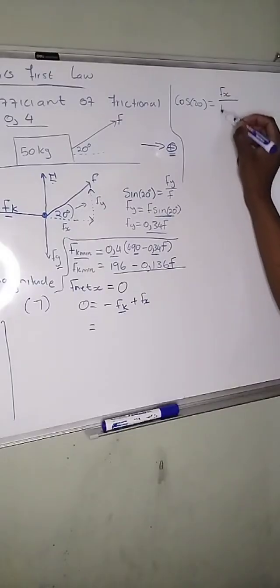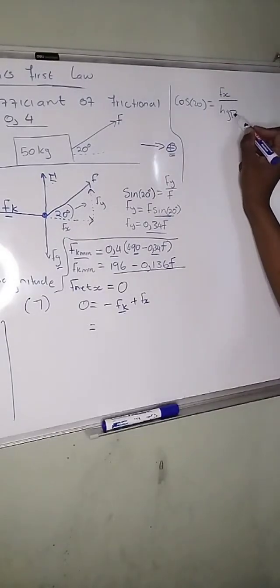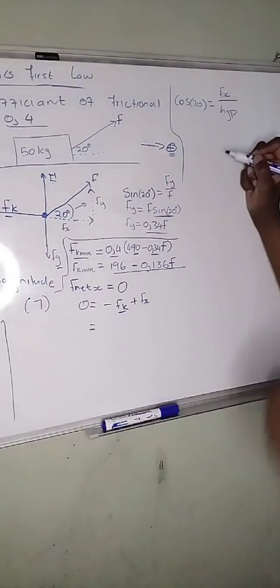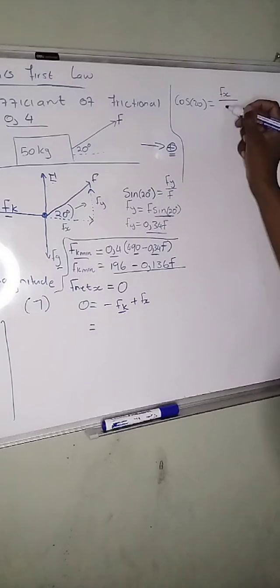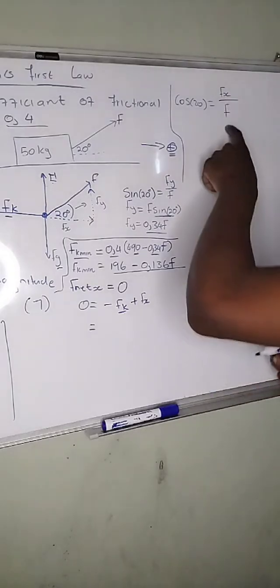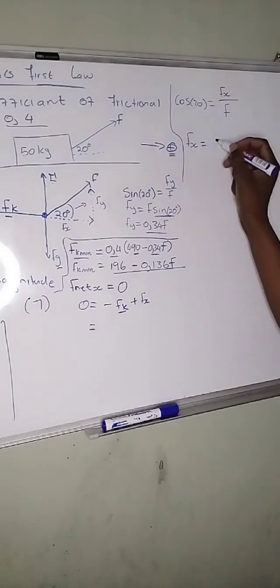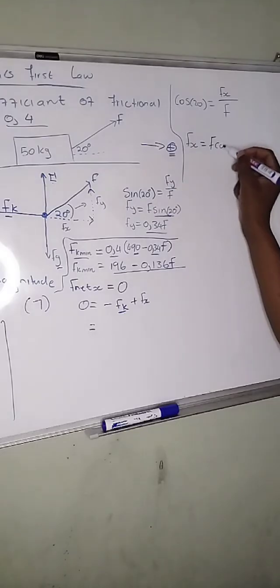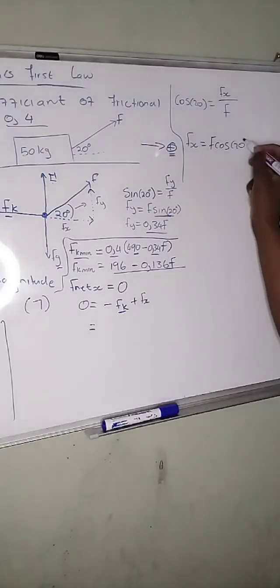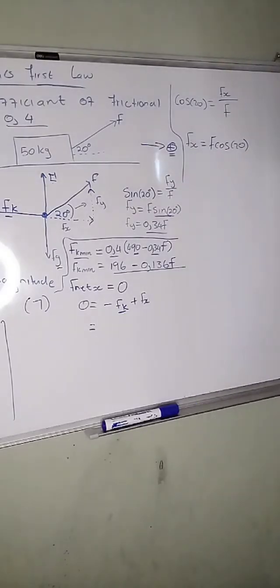Fx over hypotenuse. Do you see that? And my hypotenuse is going to be F. Multiply the two, and Fx is going to be F cos 20.